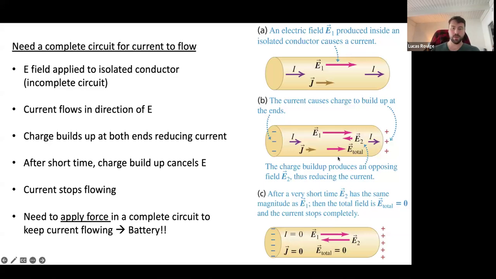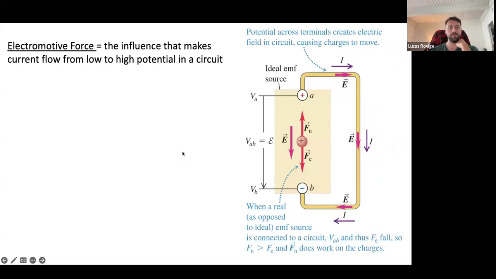So you see that in order to have a current flow in your system, you need to consistently have something that keeps your charges flowing, a force, and that's the role of the battery inside electric circuits: to create this source of energy that enables the charges to keep flowing and keeps an electric field existing in the conductor.